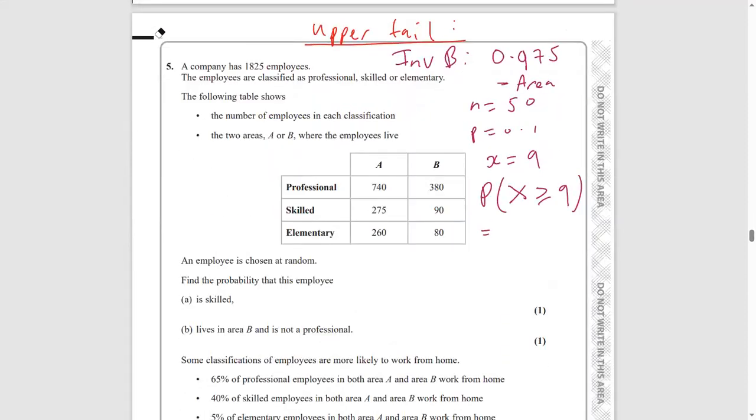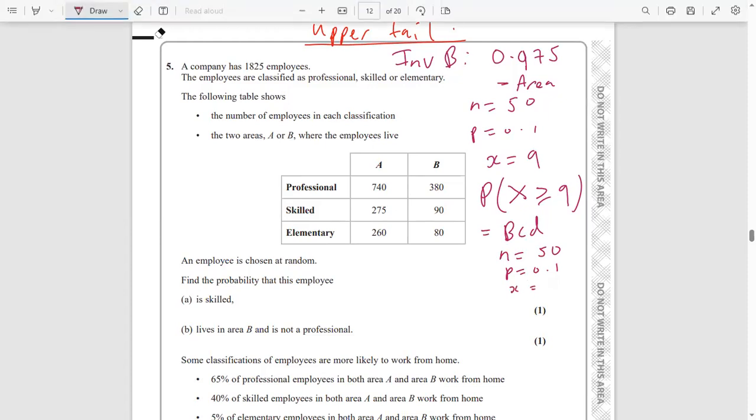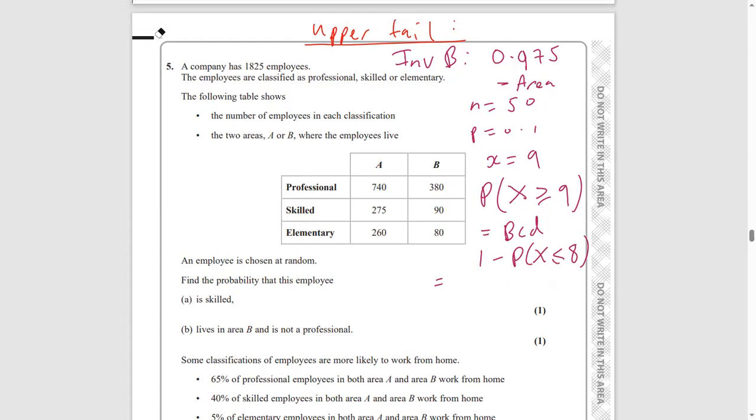Now again, we're going to use binomial CD to do this. Remember, binomial cumulative distribution: we're accumulating probabilities, we're adding up probabilities. That's the way I think about it. So again, n 50, p 0.1, and your x value. Actually, with this one I've made a mistake, because what we want is 1 minus the probability that x is less than or equal to 8, because the binomial CD function on your calculator takes areas to the left side of your distribution.